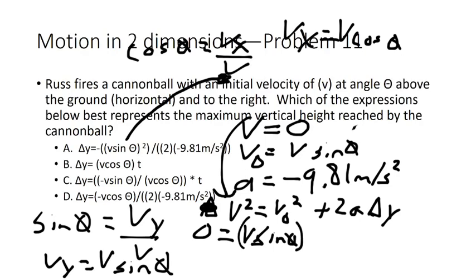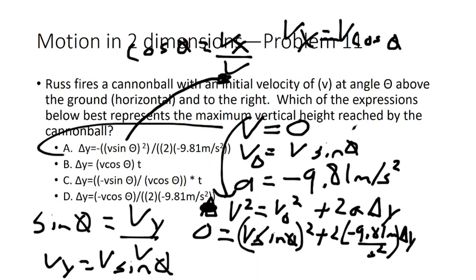We're going to square that, plus 2 times the acceleration, which is acceleration due to gravity, times delta y. Now we want to solve that for delta y, and when we do the math, that ends up giving us answer A. Delta y equals negative v sine theta squared divided by 2 times negative 9.81 meters per second squared.